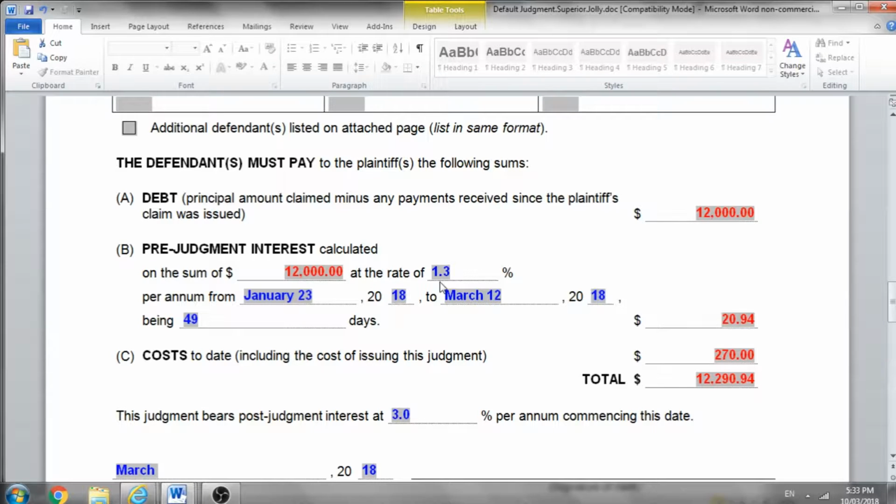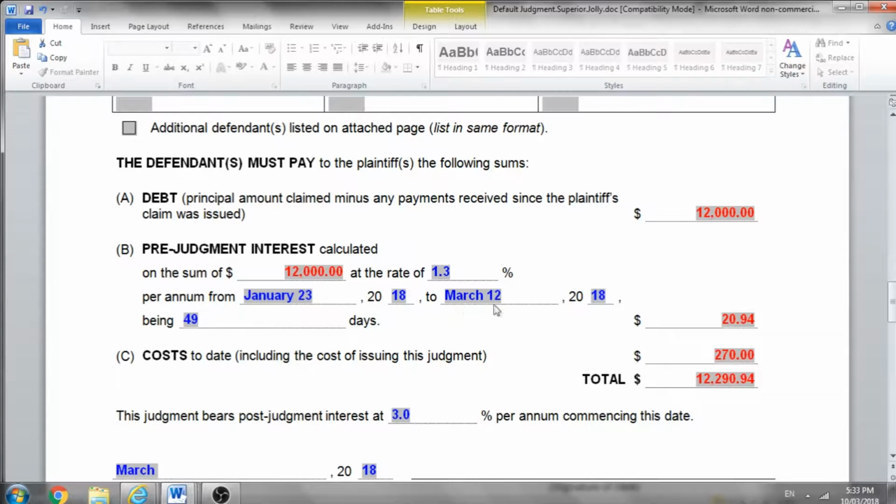So we'll put in the 1.3% under prejudgment interest. Now what we're going to do is, when we calculate the period of time that the 1.3% covers, we start with the date on which we issued our plaintiff's claim. In this case, it's going to be January 23rd of 2018.